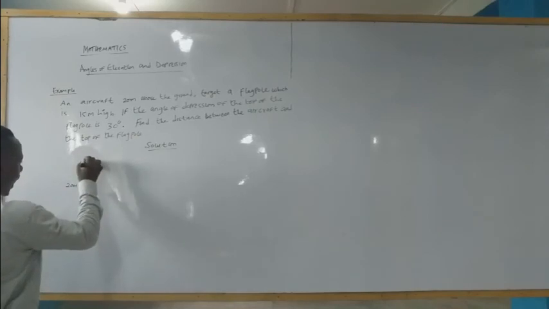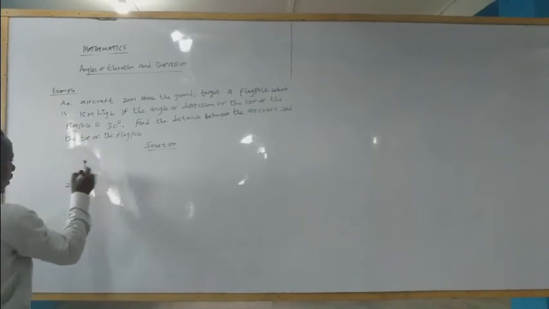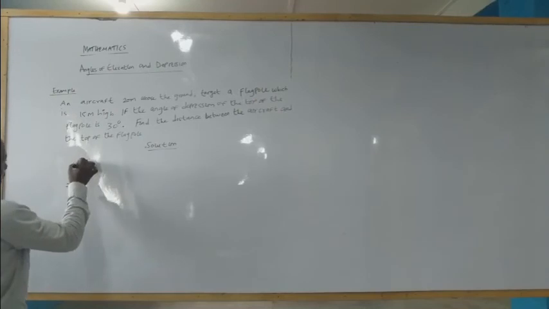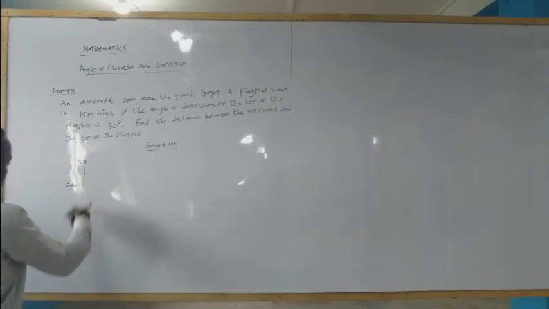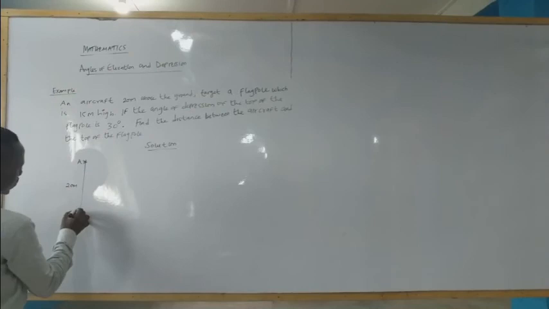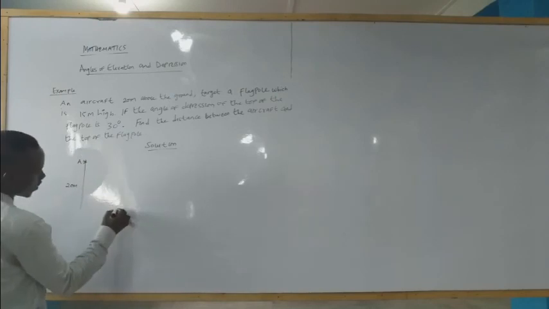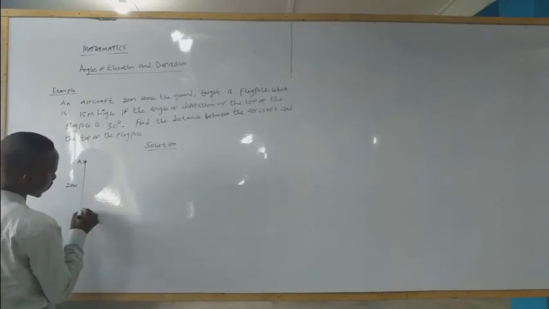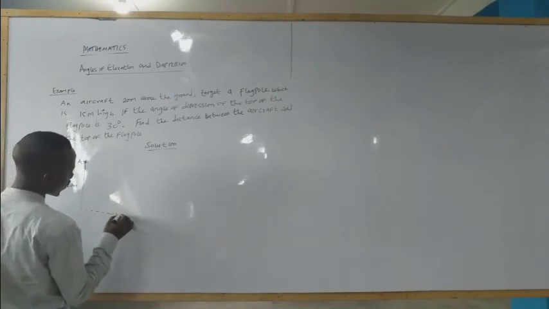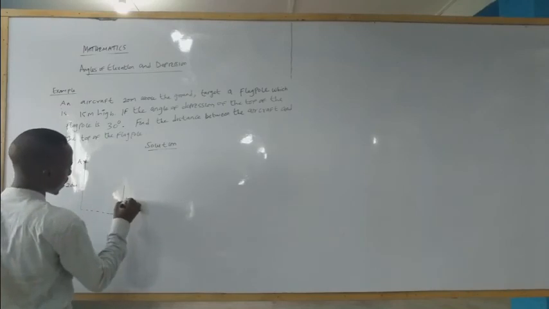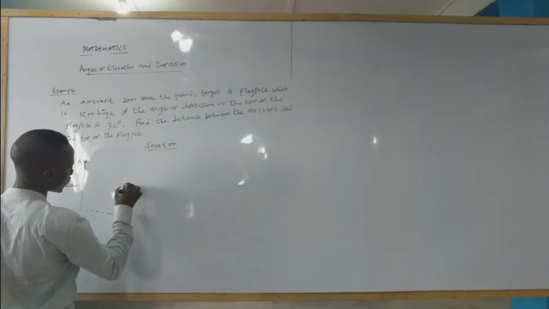This is the ground, this is the aircraft, labeled A. This is the height from the ground, 20 meters. The flagpole is 15 meters from the level ground. This is the flagpole.